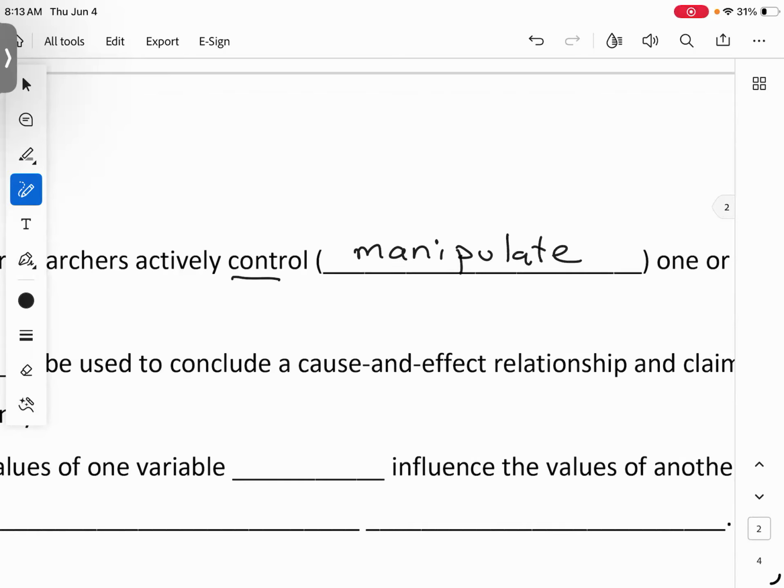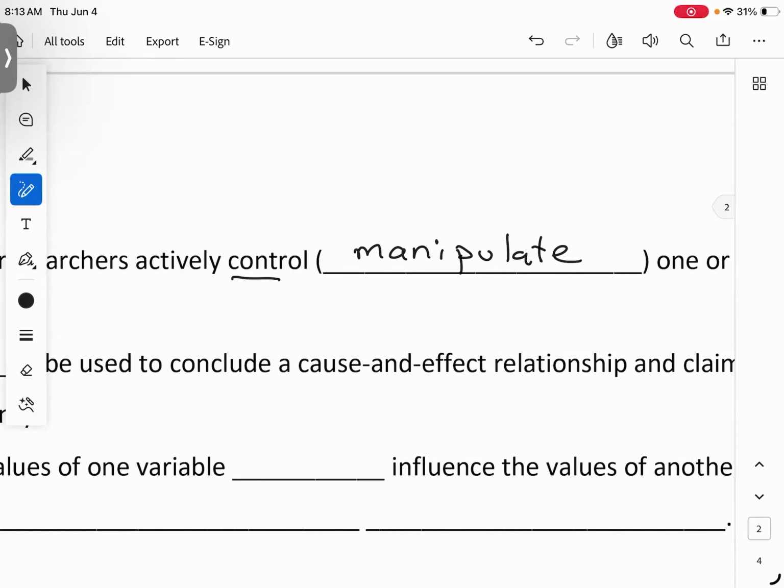Another really good word is that they're going to manipulate one or more of the variables. In this one, they're manipulating the initial variable to see whether it has an impact on the outcome or the response for the participants.